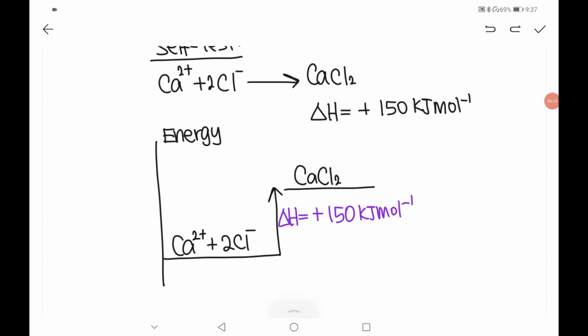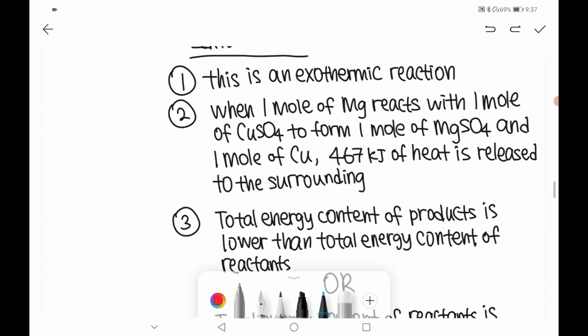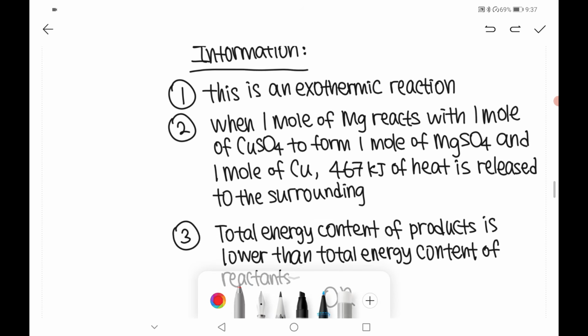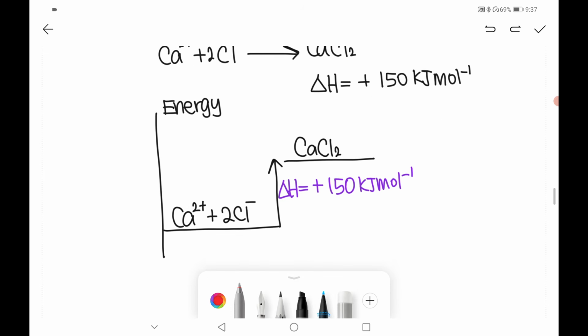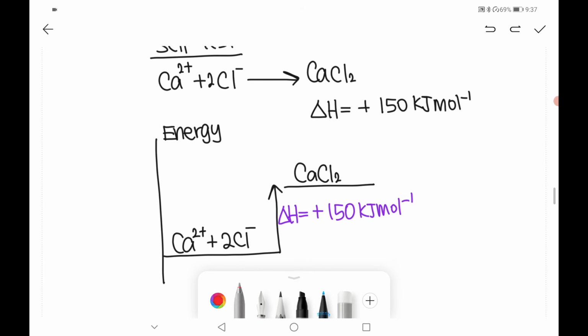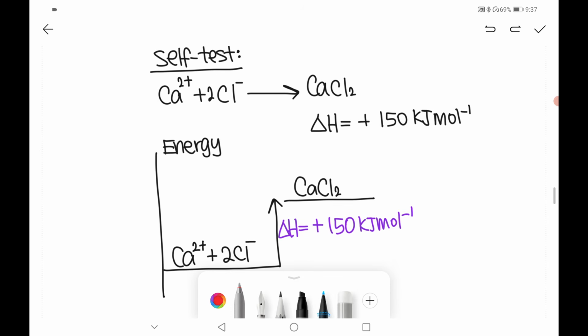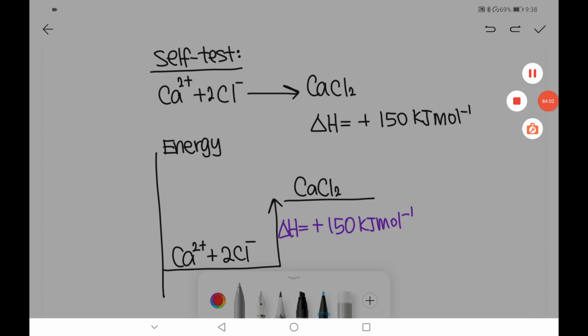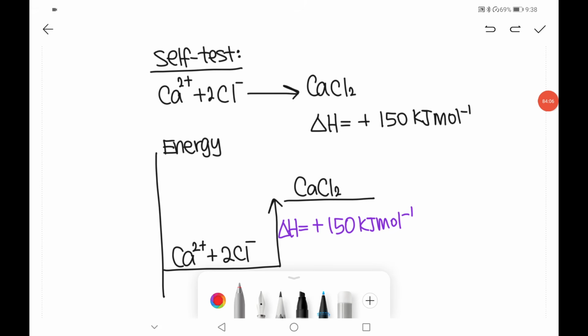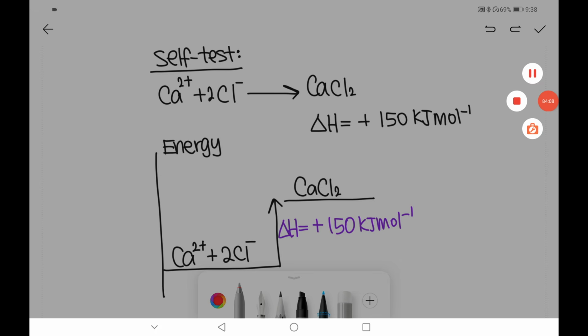You can refer to my previous example, and then try to do this on your own. Press the stop button, try it, and then we discuss the answer.